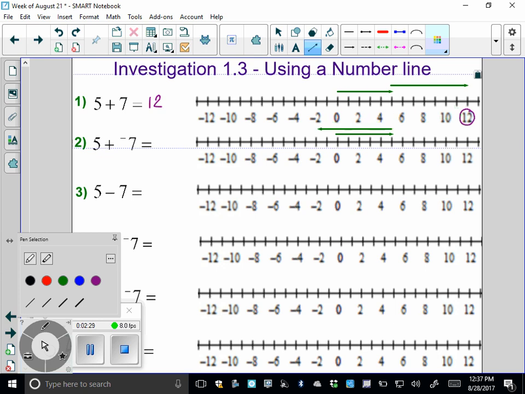So in other words, when I see a negative here, I think of it as opposite. And so that's why I flipped my line from the left to the right. In other words, if I were just adding plain old 7, I would be here, but I'm adding the opposite of 7, so I'm there. Which then tells me my answer is -2.